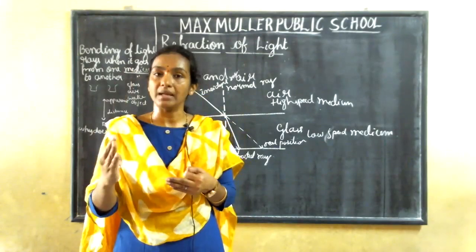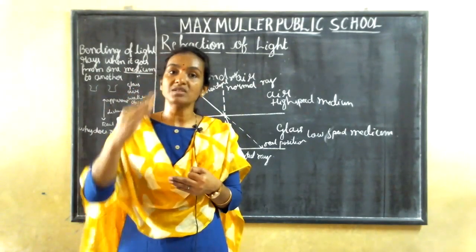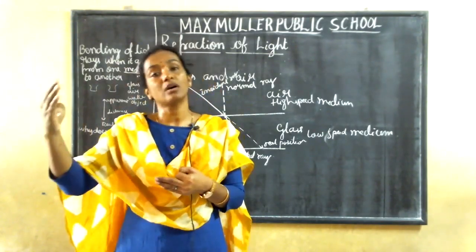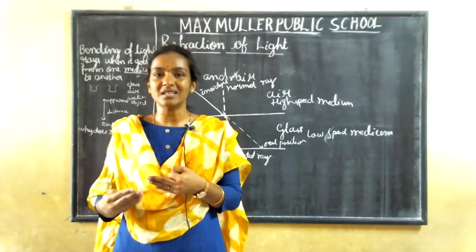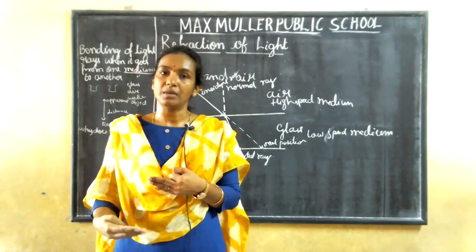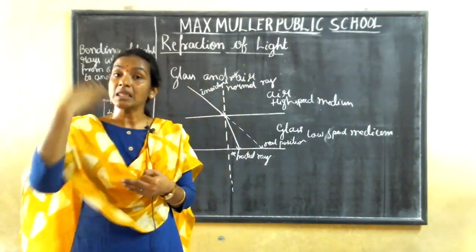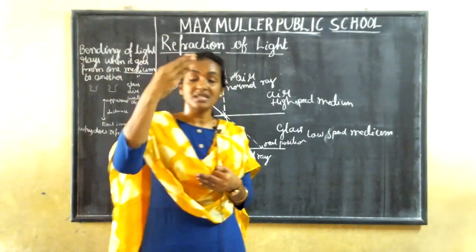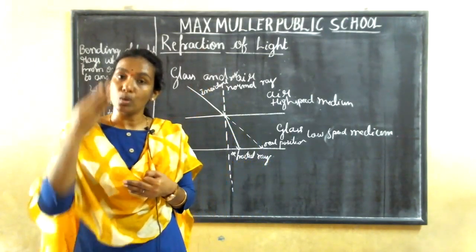It depends on the mediums, from what medium to which medium it is going: rarer medium to denser medium, or denser medium to rarer medium. When the light rays come from rarer medium to denser medium, the rarer medium is a high speed medium, and the denser medium is a low speed medium.